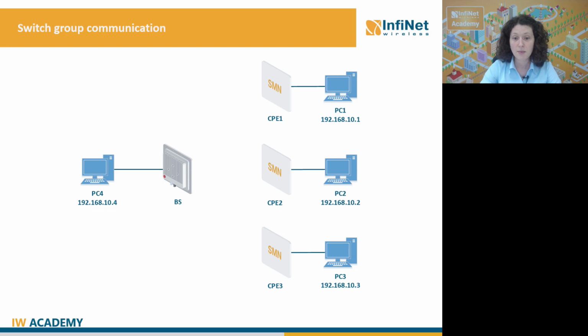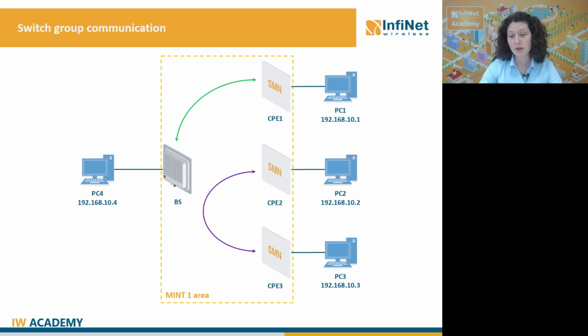Let's look at an example to better understand the concepts we have been talking about. Wireless links are established between the units in a point-to-multipoint topology, and all the units are part of a single MINT area. We will reveal the switching capabilities of the units by defining switch groups only for the data traffic. PC4 should be able to communicate only with PC1 and PC2 only with PC3.